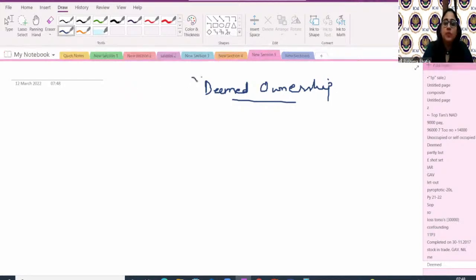Why this concept of deemed ownership? Because a very relevant thing which happens is that, to divert the income and taxability of property, people transfer the property in the name of their son, wife or spouse, so that in the papers they are the owner and the income would be taxed in their hands.